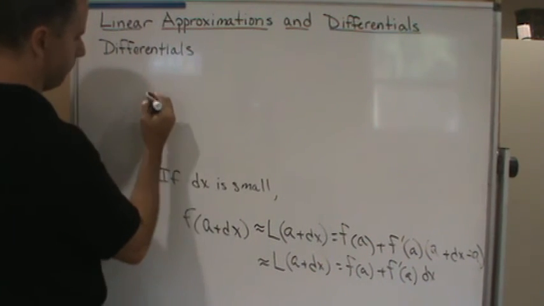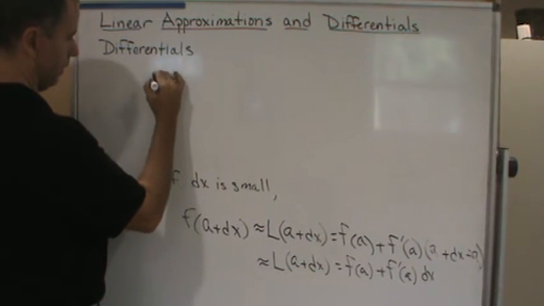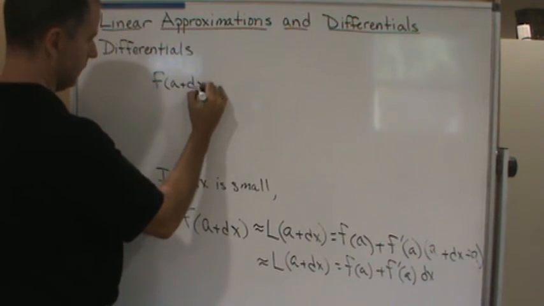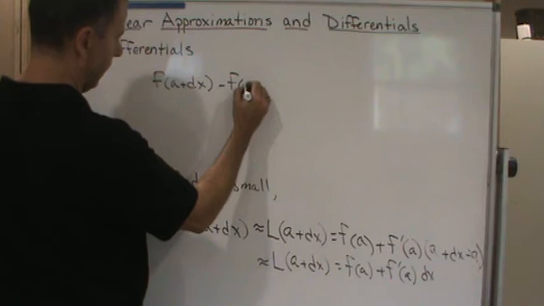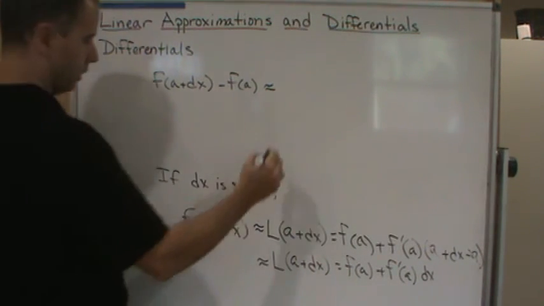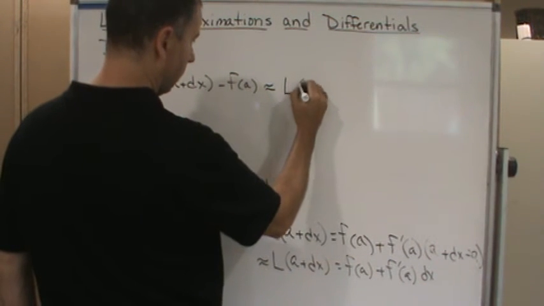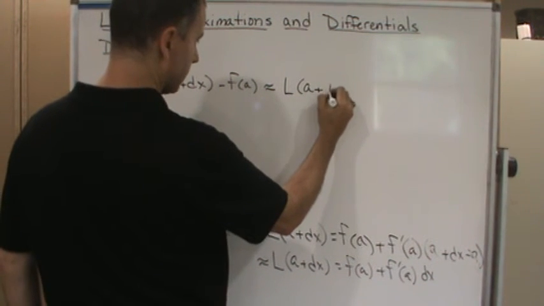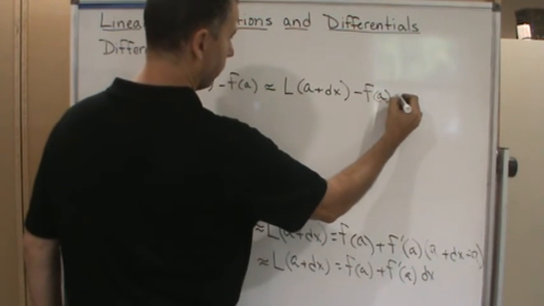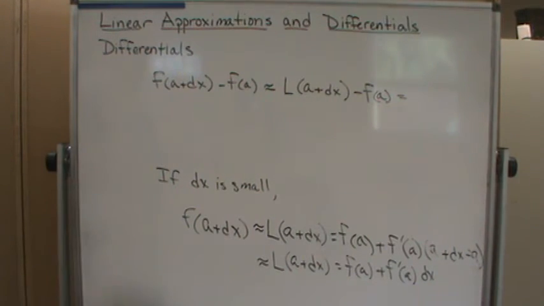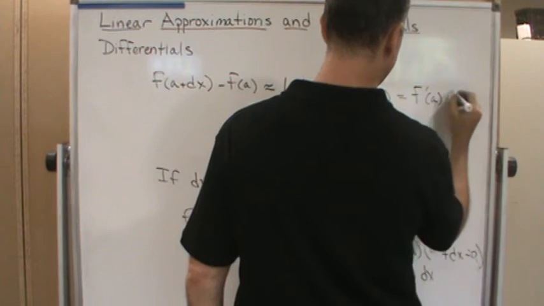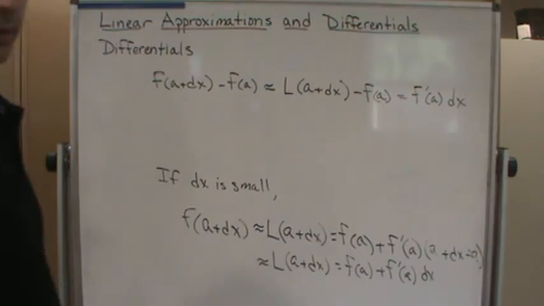Then we get f of a plus dx minus f of a is approximately equal to L of a plus dx minus f of a, which is then equal to f prime of a dx.